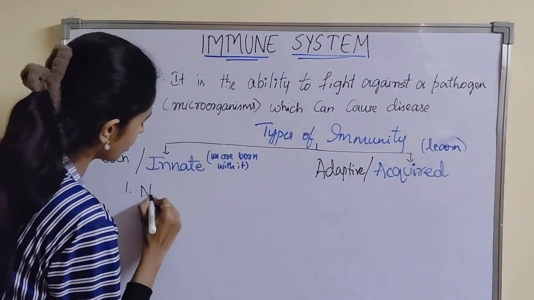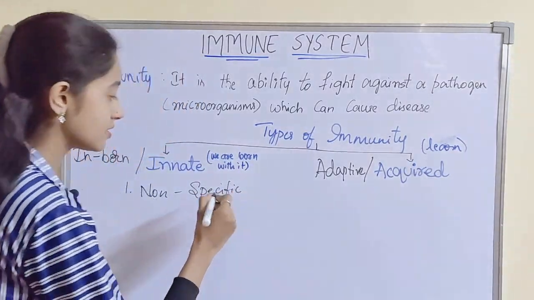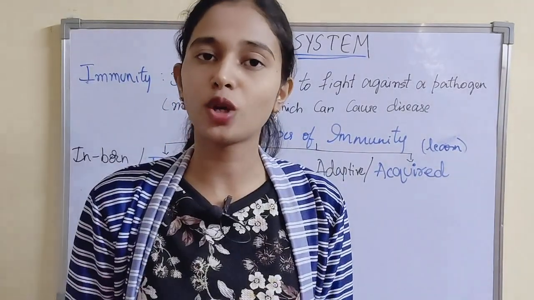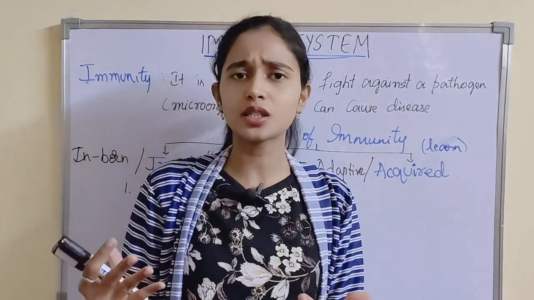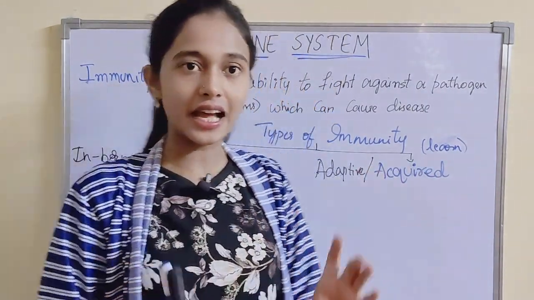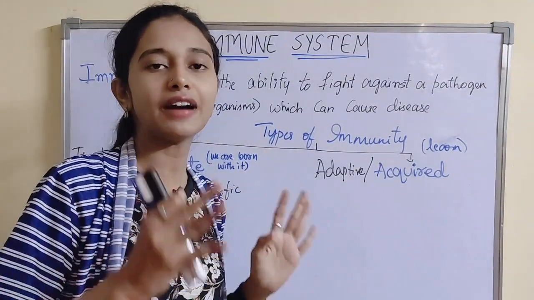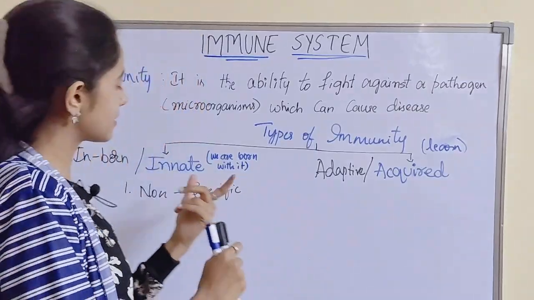Innate immunity is non-specific. Okay, non-specific means like foreign particles जो भी हो, जैसे बैक्टीरिया हो गया, वायरस हो गया, it has nothing to do with that. इसे क्या चाहिए? It is not specific at all. जो भी है, it will fight against it, it will destroy it. That is innate immunity.